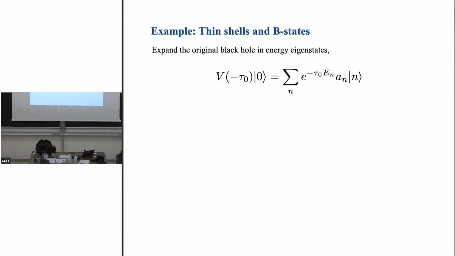I guess I'm a little confused. I mean, you just want the spectrum to agree. Can I just make some random state that has the right spectrum and then say that's the density matrix? It seems like it's more than that. Well, that's what we're going to match.